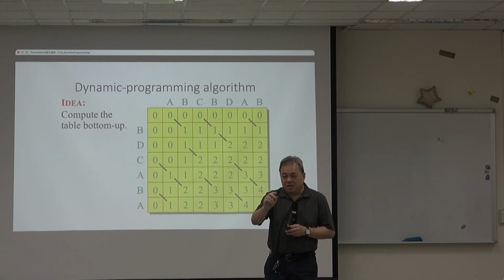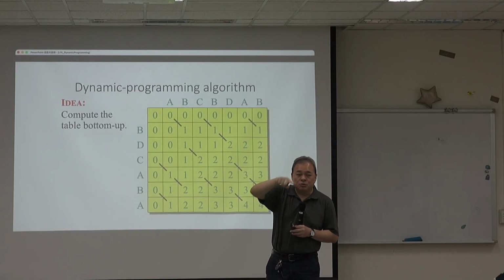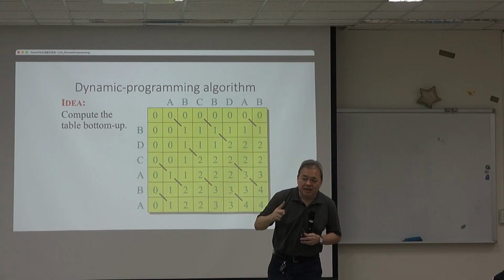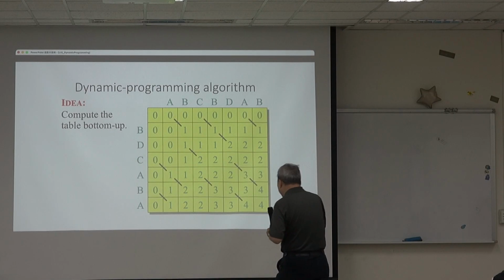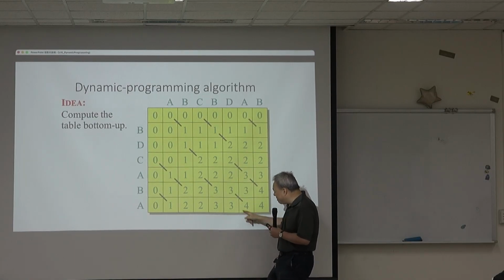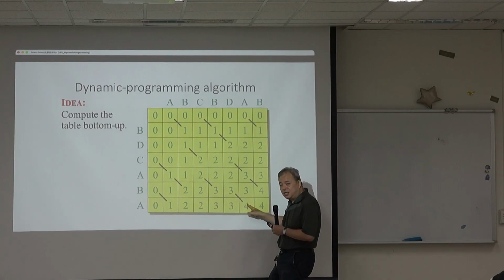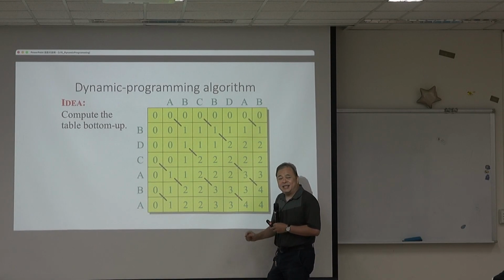But if this cell is obtained by adding 1 to a diagonal element, then you have to go diagonal. For example, when you go here, because this 4 is obtained from 3 plus 1, you have to go diagonal. When you go diagonal, that means what?